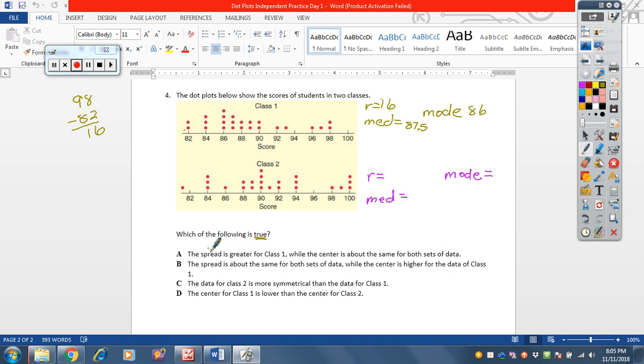We're looking for true. A says the spread is greater for class 1. So spread is the same as range. Well, I know the range for class 1 is 16. Is that greater? While the center is the same as median, is the same for both sets.